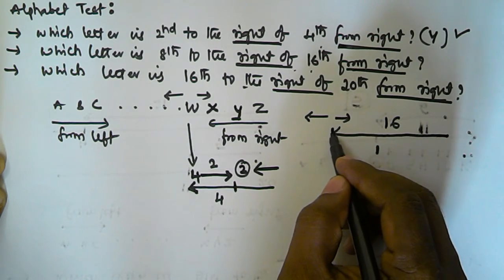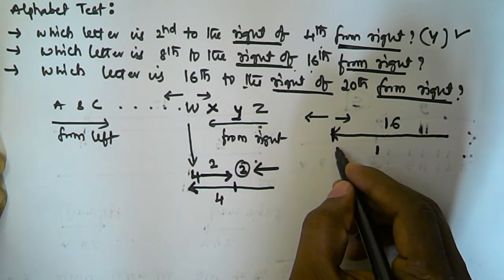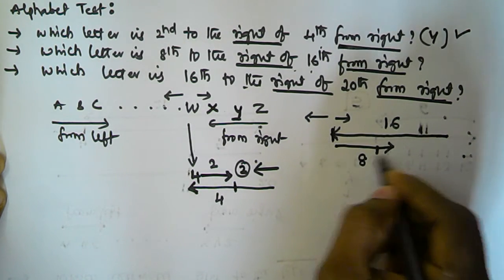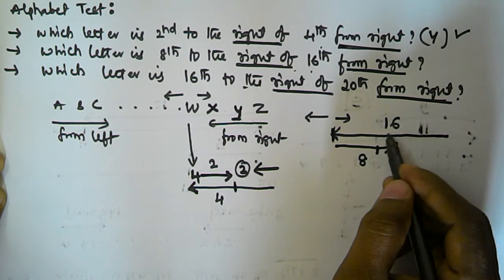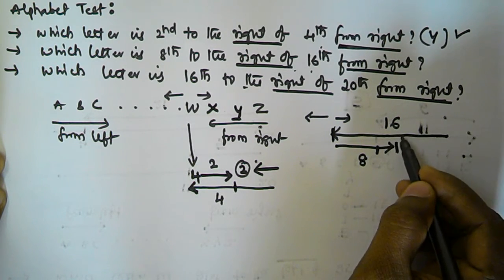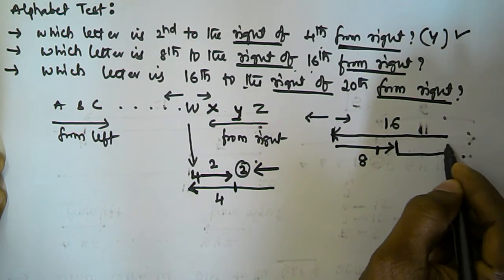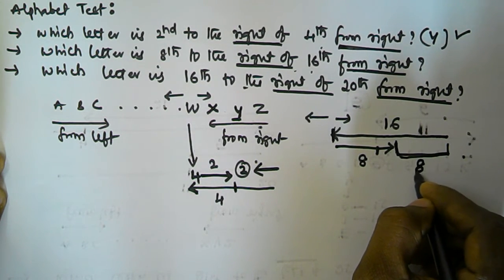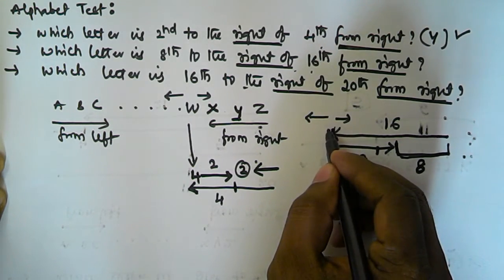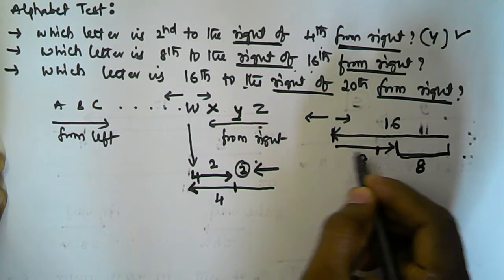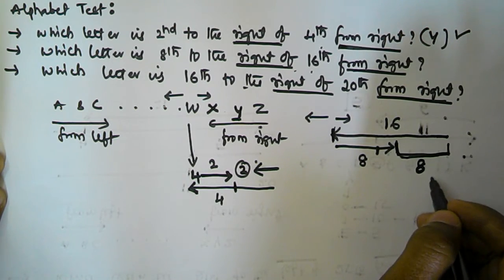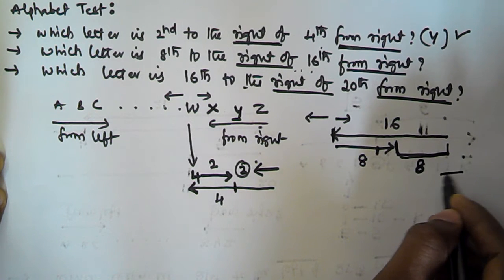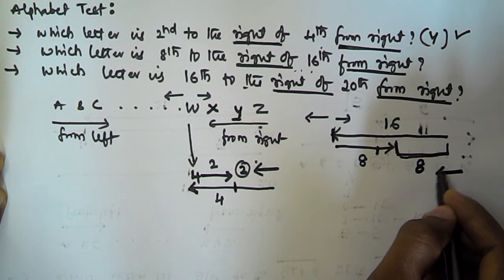So we go back to the right from here, and that is 8. When we subtract this 8 from the 16, we are left with 8. If we move 16 positions from here to here and 8 positions from here to here, we are left with 8. So the answer for the second question is the 8th letter from the right hand side.